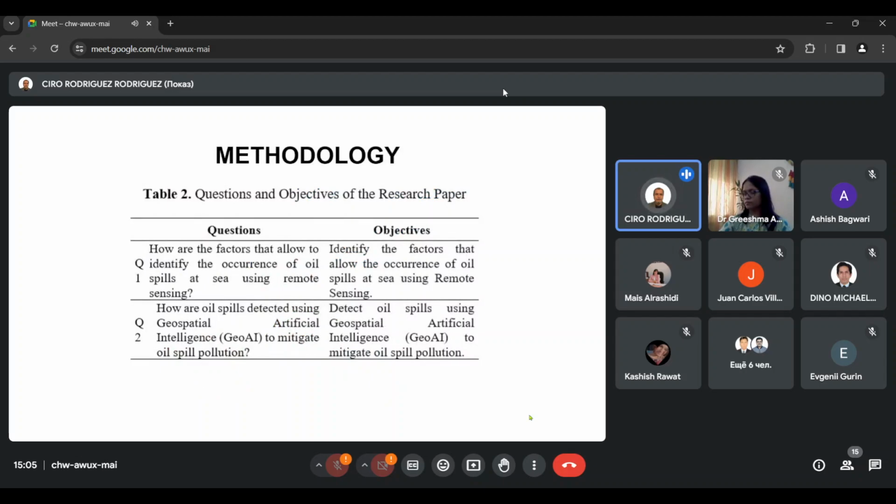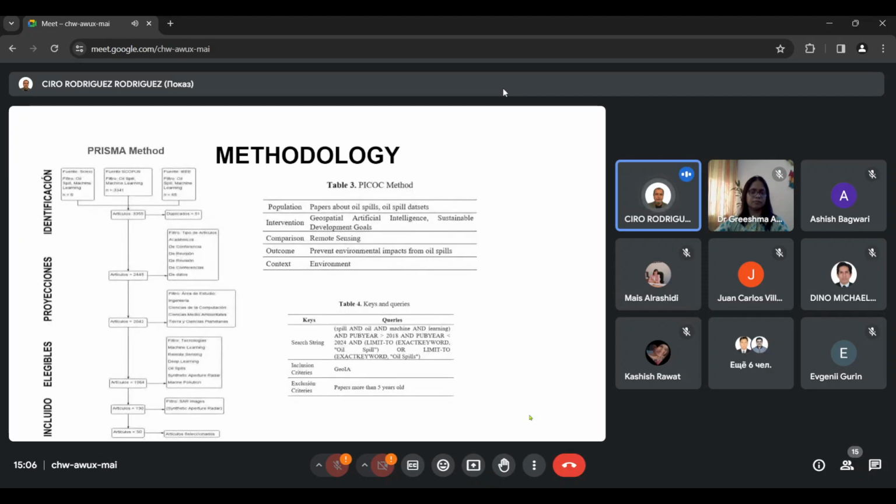For this, some questions were asked. For example, what are the factors that allow identifying the occurrence of oil spills at sea using remote sensing? And how are spills detected using geospatial artificial intelligence to mitigate oil spill pollution? The goals were to identify the factors that allow the occurrence of oil spills at sea with remote sensing, and to detect oil spills using geospatial artificial intelligence.